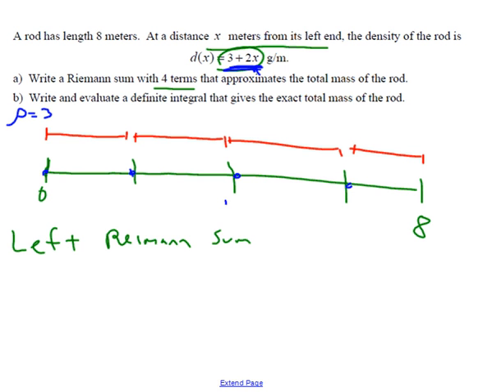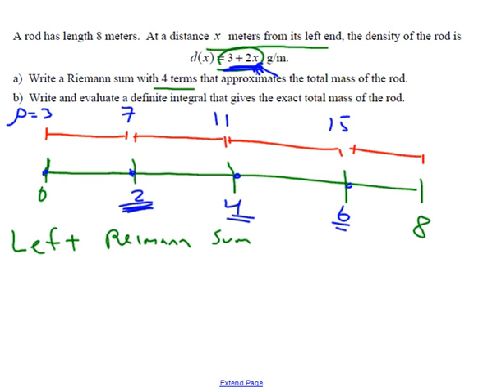And at 2, when x equals 2, putting 2 in there will get me 7. And at 4, my density would be 11. And at 6, my density would be 15.